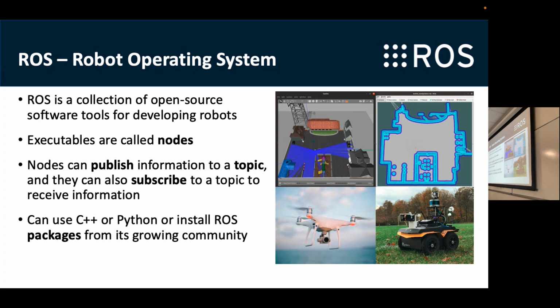And you can use C++ or Python to develop a node, but you can also download a ROS package from online. And the ROS community is growing pretty quickly, so you'll be able to find all sorts of pre-existing robotic software. It's a pretty handy foundation to develop robotics software.